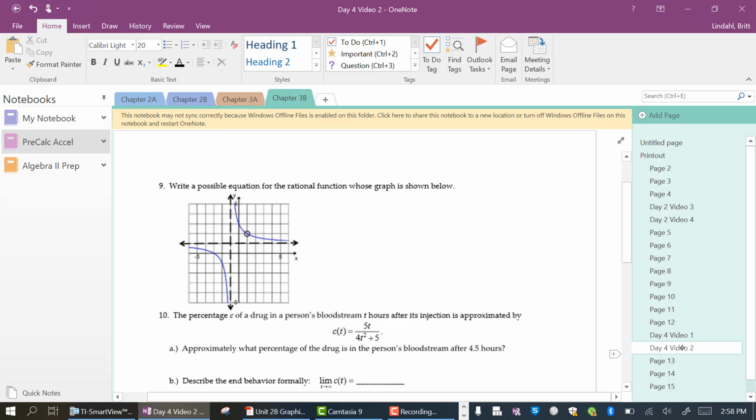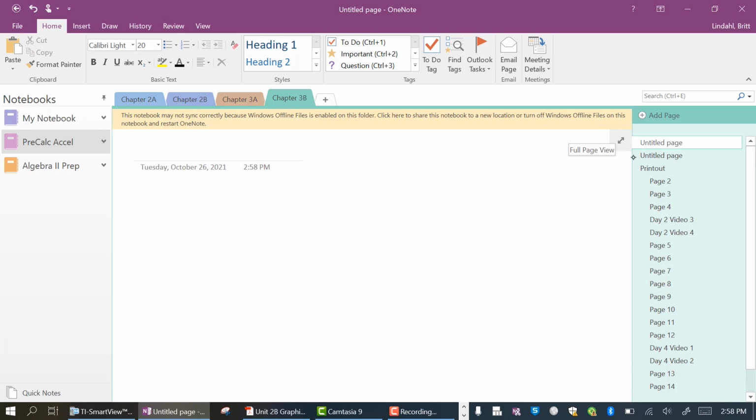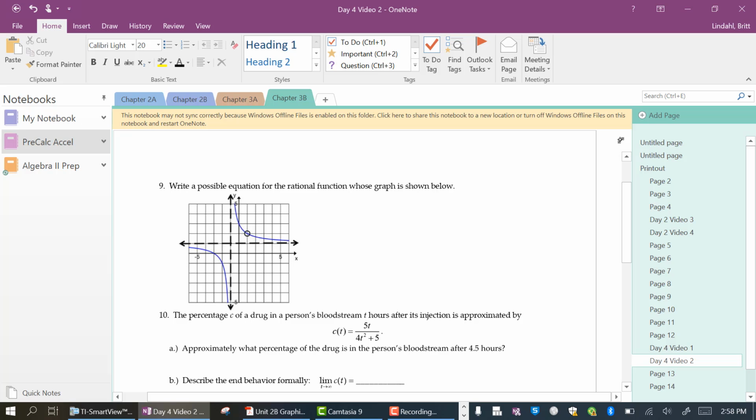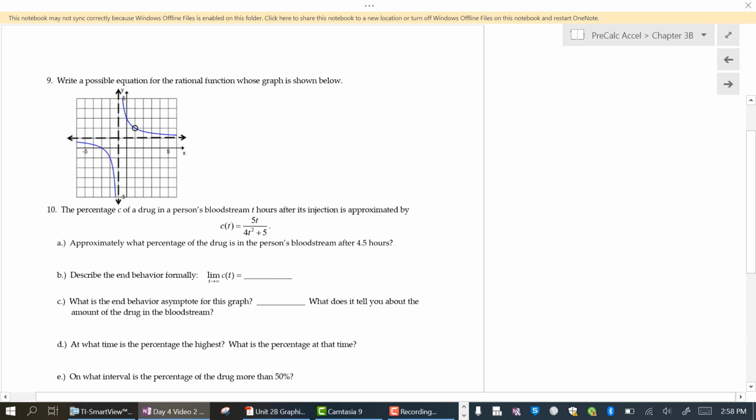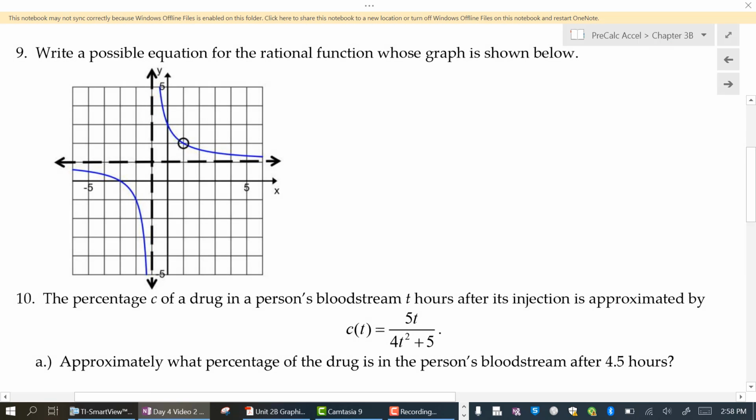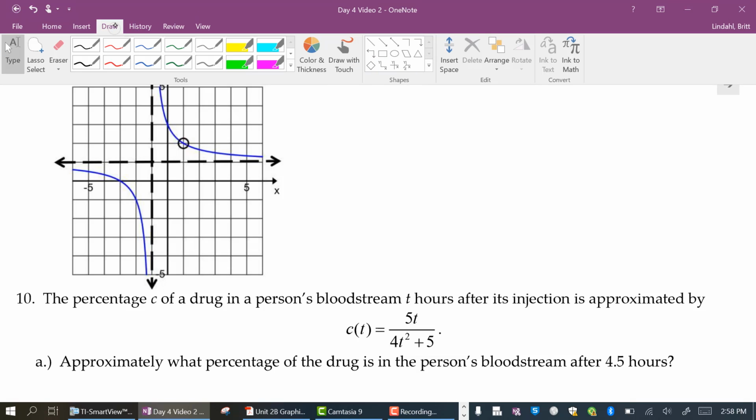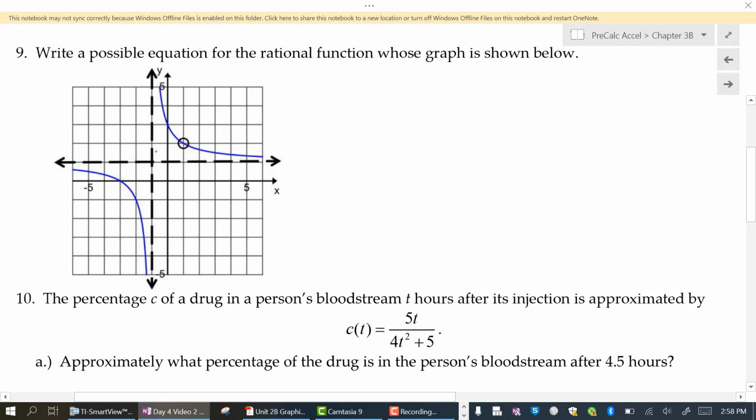On the back, they give us a graph, and we're supposed to write the equation of this graph. So let's write down everything I know about the graph. I know, let's switch to red, that I have a vertical asymptote at x equals -1. It's right here.